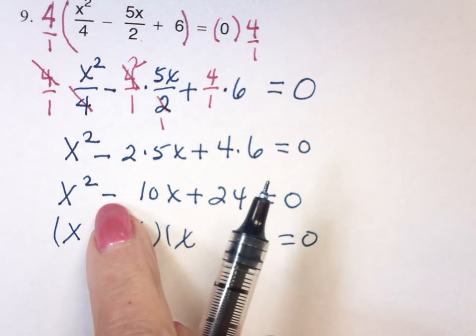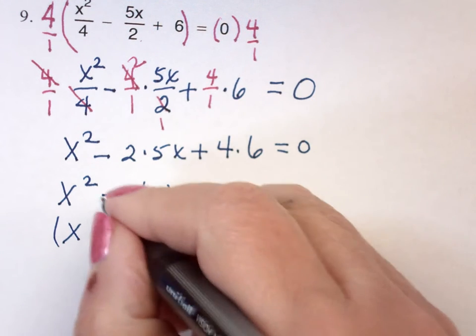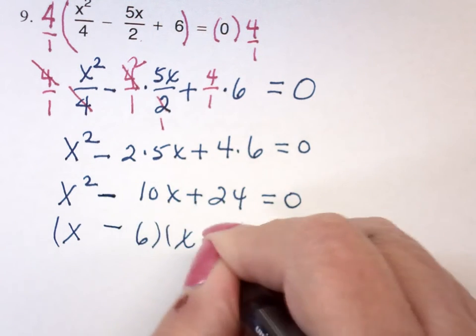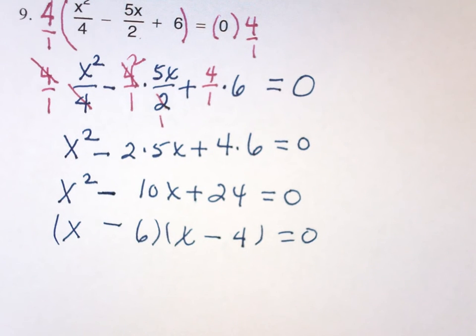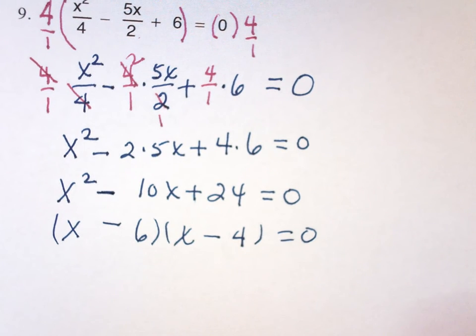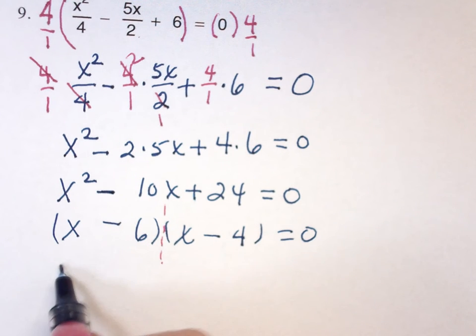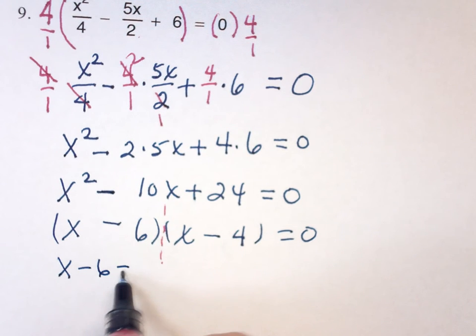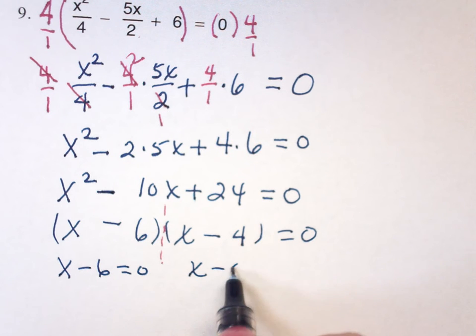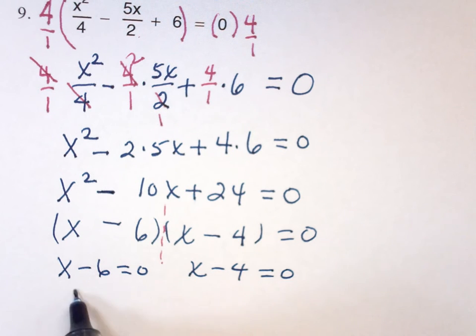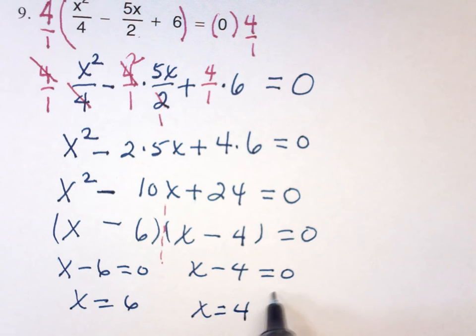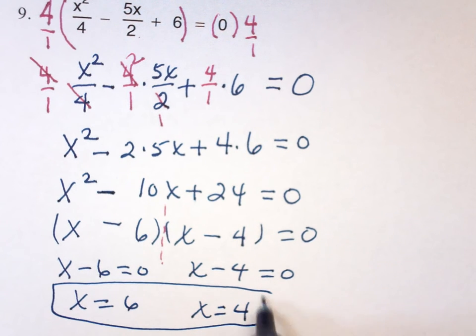Their signs are the same, and the middle sign is minus, so they're both minus. Now I have 2 things multiplied together. So x minus 6 equals 0, x minus 4 equals 0, x equals 6, x equals 4. And there you are.